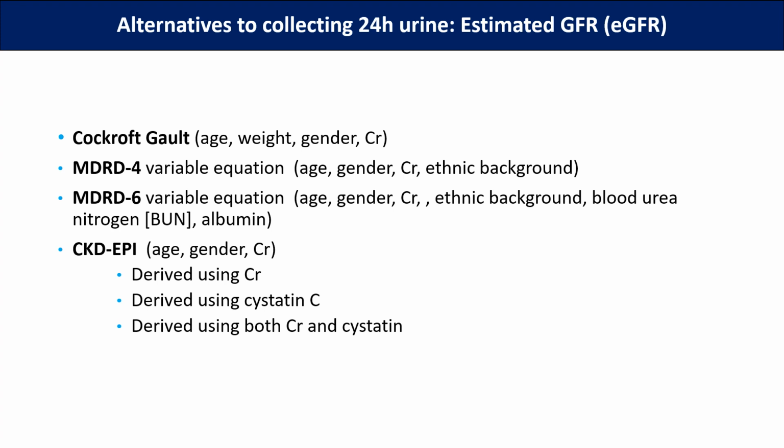Since creatinine depends on muscle mass, and muscle mass may vary depending on body build and ethnicity, some equations take ethnicity into account. In fact, GFR equations have been derived for different populations in Europe, China, Japan, and perhaps others. Some equations have included the measurement of cystatin.